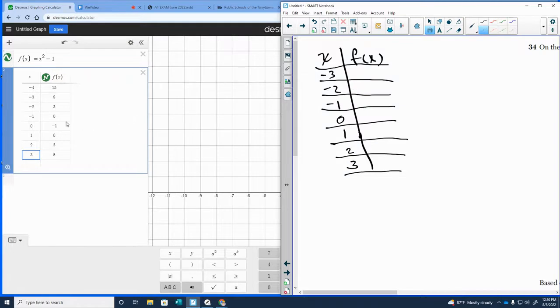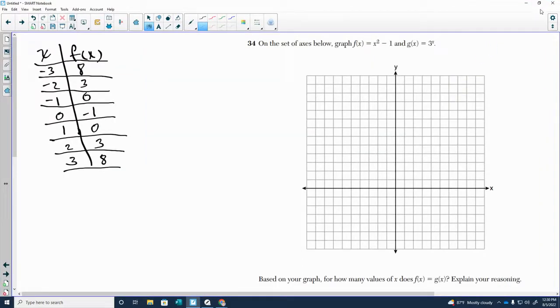And then the f of x, I'm going to copy down from my table. I got 8, 3, 0, -1, 0, 3, 8. Great. So I got my values for my quadratic function. So now I'm going to put those points in.